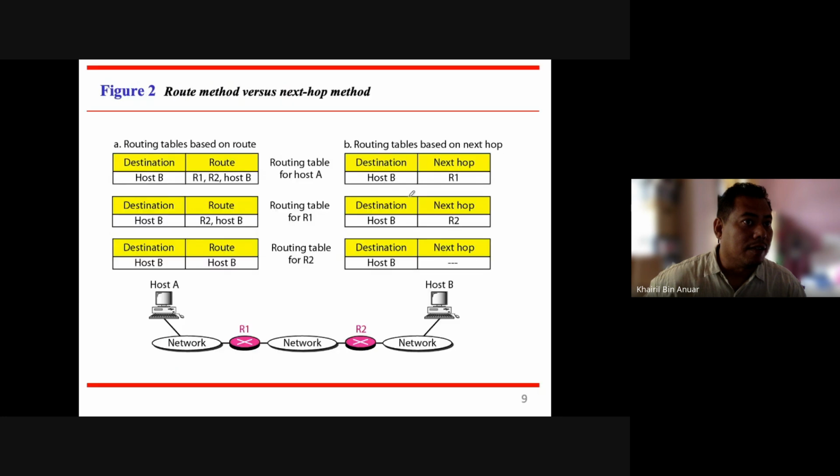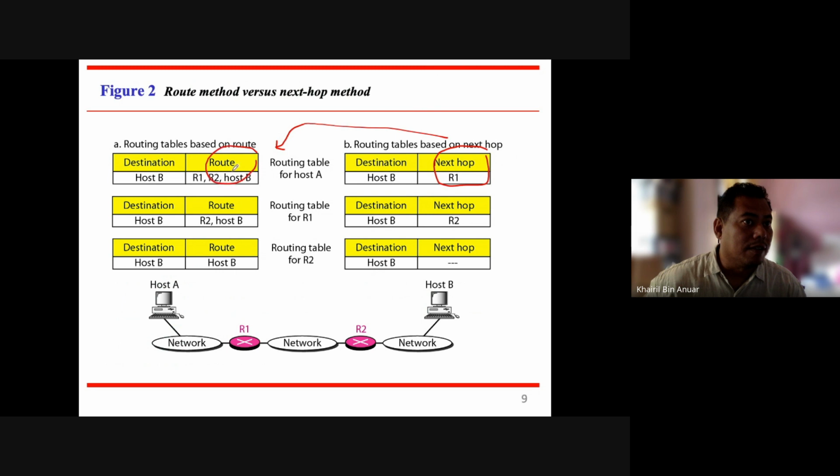Right, so this diagram, or this figure 2, represents the route method versus the next hop method. As you can see on the right hand side over here, it defines the next hop, compared to the same information with respect to the route method.